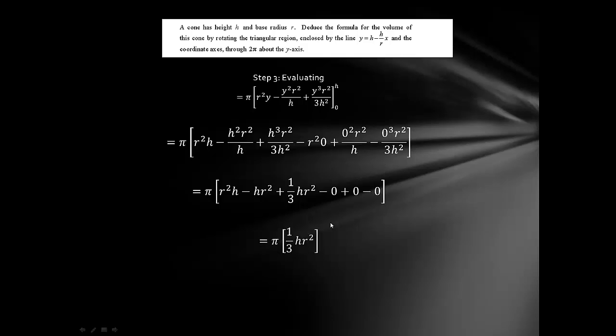And the last step, all of this also crosses out, and we end up with a simple expression which is pi times 1/3 h r squared, and we conclude that the volume of a cone when rotated about the y-axis, of height 0 to h, the expression for that is 1/3 h r squared pi.